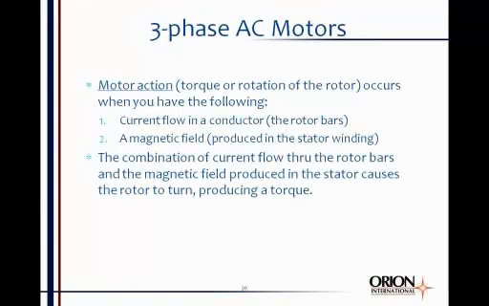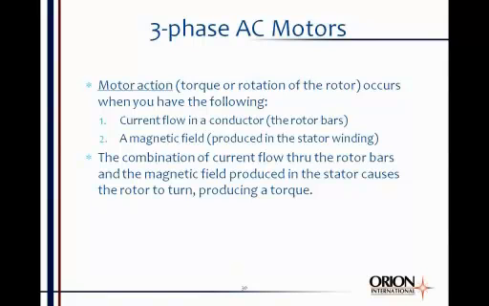Now we've met the conditions for motor action. Motor action is torque or rotation of the rotor. And that occurs when you have the following. You have to have current flow in a conductor, which in this case would be the rotor bars. We've now established that we have current flow in the rotor bars due to the complete circuit formed by the shorting rings. And you also have to have a magnetic field, which, again, the rotor is in the magnetic field produced in the stator winding.